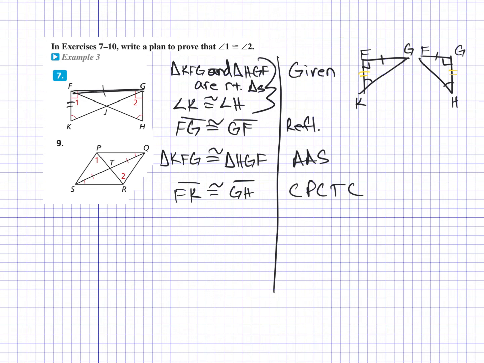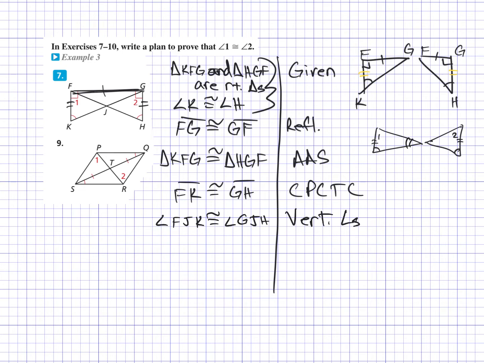All right, so I'm going to mark it over here as well. And now let's take a look at those two triangles. So we want angle 1 and angle 2 to be congruent. We have the back two sides being congruent. We have these two angles. But we also have these two angles right here, vertical angles. So you can say that angle FJK is congruent to angle GJH, vertical angles.